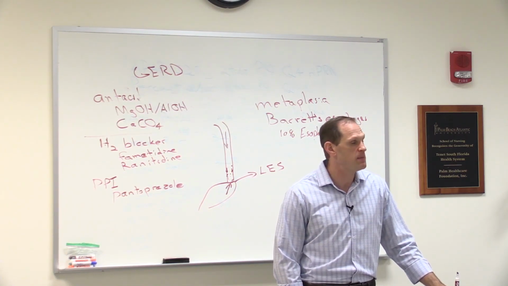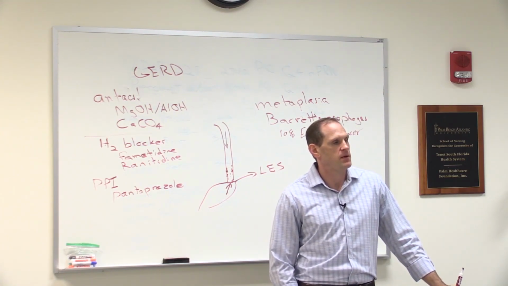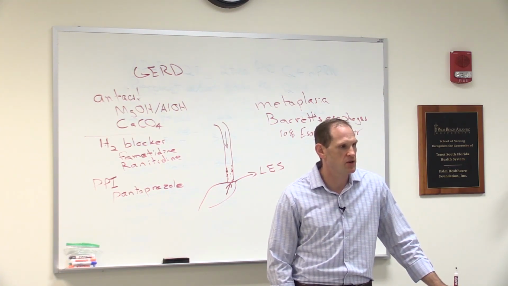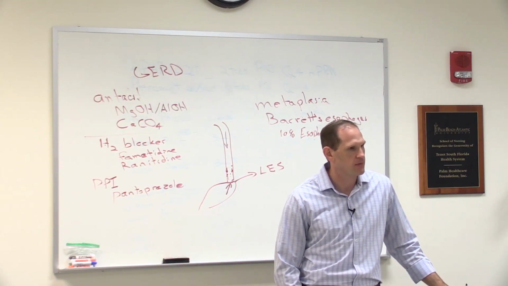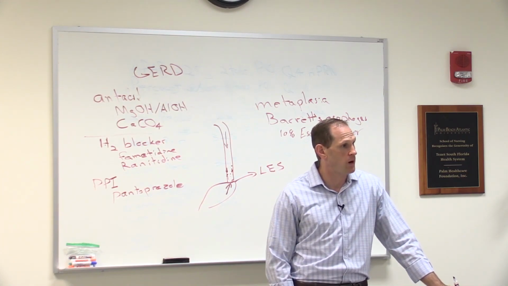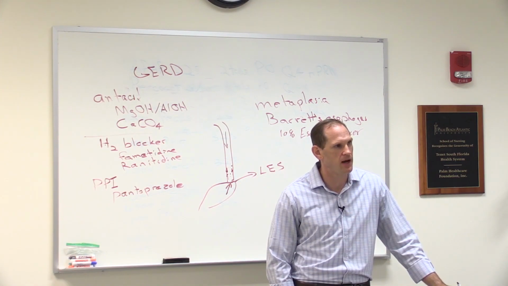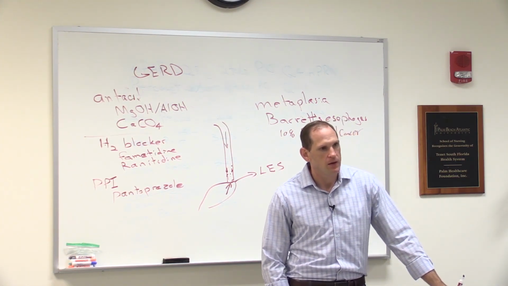They just keep them on it forever. And so that's not a good practice, because PPI use in elderly is associated with all those nasty adverse effects. So in younger patients, for the most part, PPIs are well tolerated, but in elderly folks, we don't want them to be on them unless it's absolutely necessary.